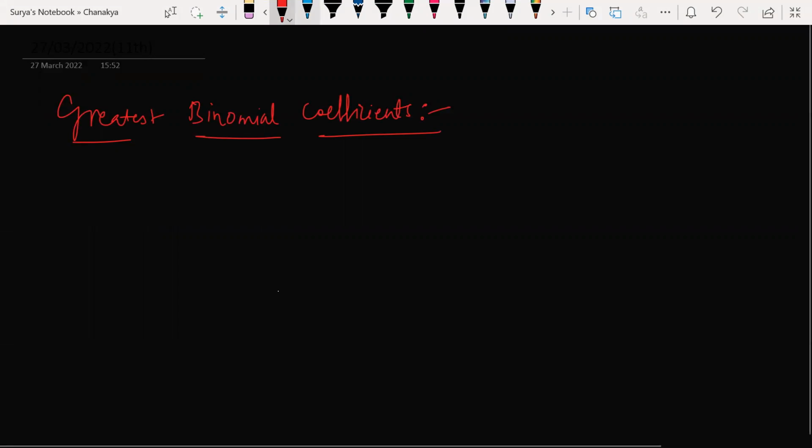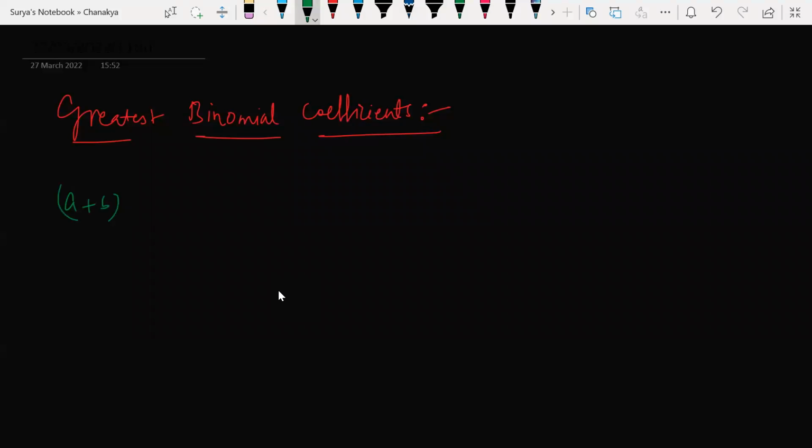See, basically, what is the formula for (a + b) whole to the power of n? What was the expansion of that? nC0 a^n b^0 + nC1 a^(n-1) b^1 + nC2 a^(n-2) b^2 and so on, plus nCn a^(n-n) b^n.